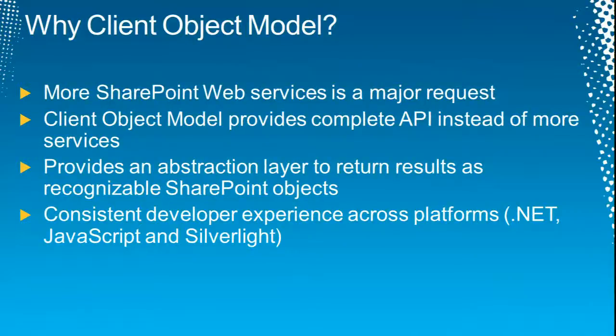And it goes across multiple platforms: .NET, well, as far as we're concerned here, JavaScript. So we can start writing JavaScript just like we're writing server object model code and implementing all of that.